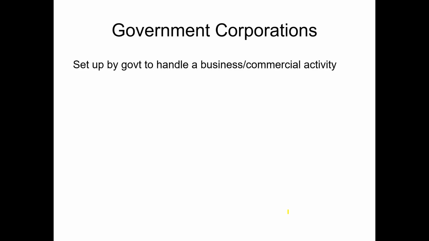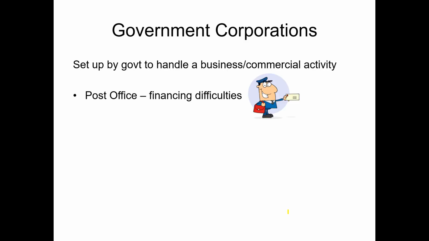Now, our third group of executive agencies are called government corporations, and they are set up by the government to handle a specific business or commercial activity. In other words, they are generating their own income, such as the post office. The post office operated with a profit for quite a long time through postage and selling supplies and things like that.